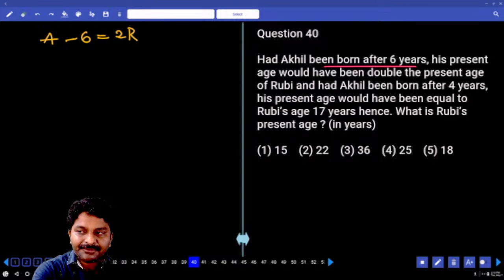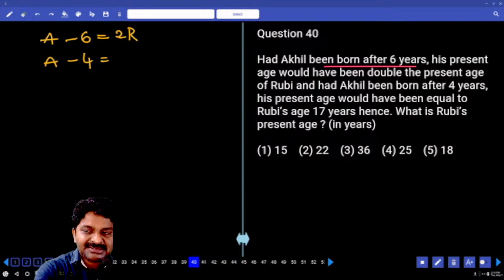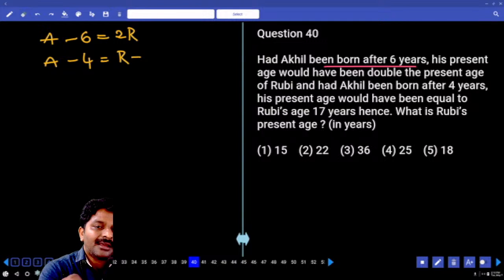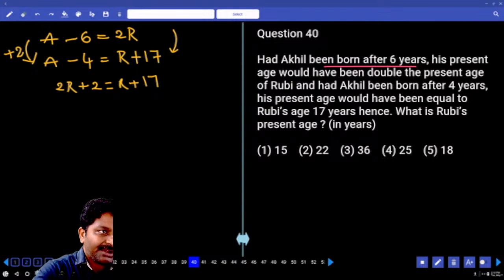Had Akhil been born after 4 years, his age becomes A minus 4, which is equal to Ruby's age plus 17 years, hence R plus 17, correct? Here you need to add 2, then you'll get A minus 4, correct? If you apply the same here, 2R plus 2 is equal to R plus 17, correct? R is equal to 15.